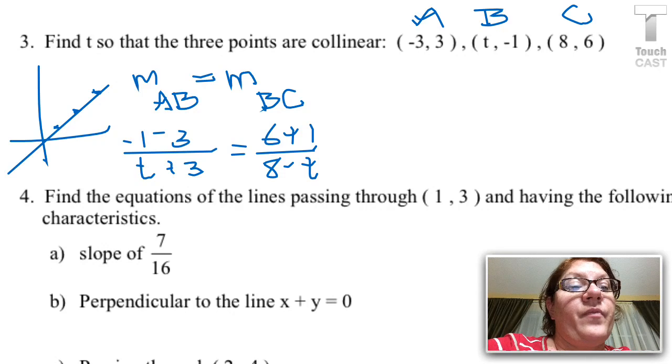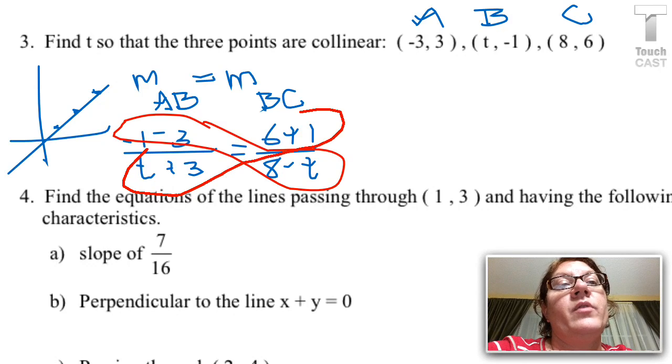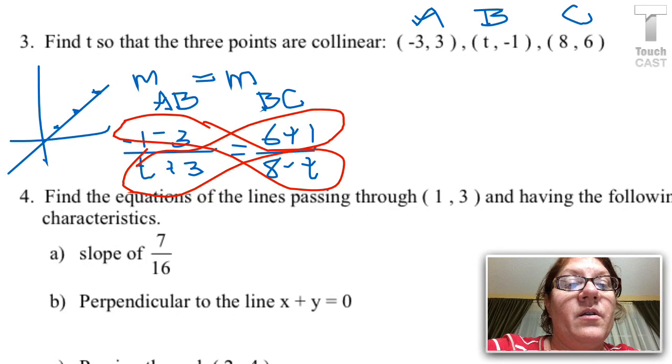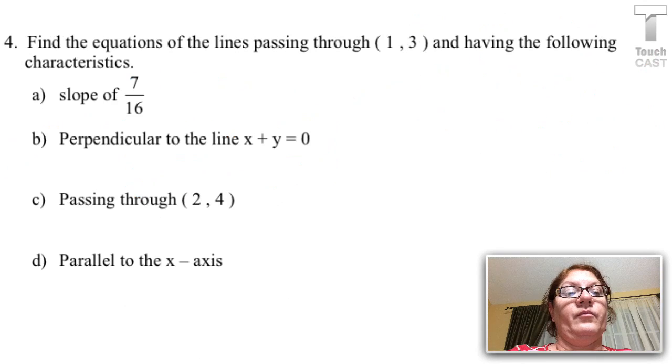And so now, if I cross multiply, of course I'll simplify those numerators out when I do it all in one step, I'm going to get all of this magic. So my final answer is that t is negative 53/3. Pause as you need to.